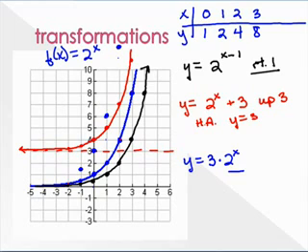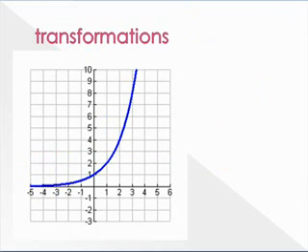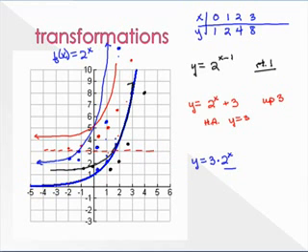Okay. And if I take the negative 2, 1/4, if I take that times 3, I get 3/4. Well, maybe about there. So here's our curve. We're stretching it vertically. So notice how the curve is much sharper. Okay, so all of those same transformations still apply to exponential functions.